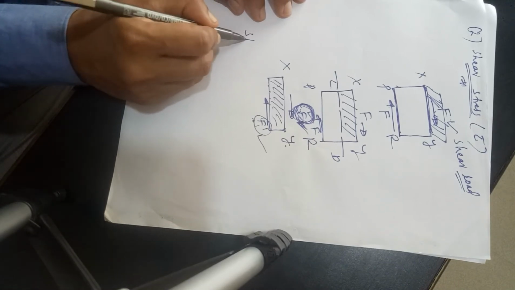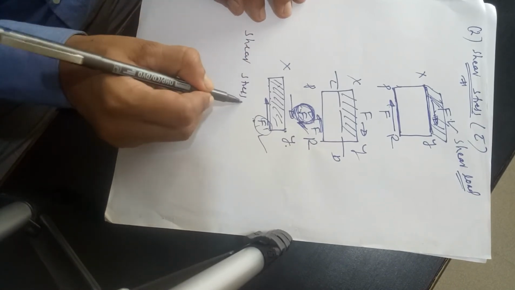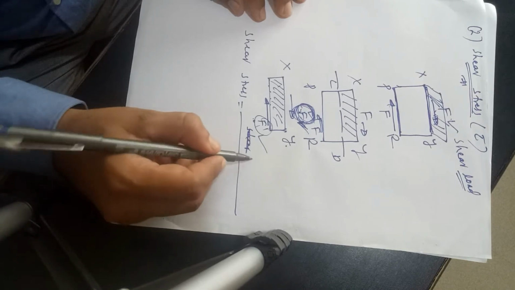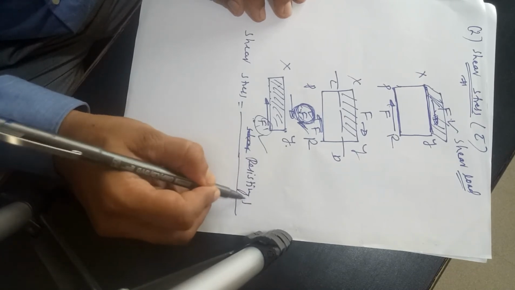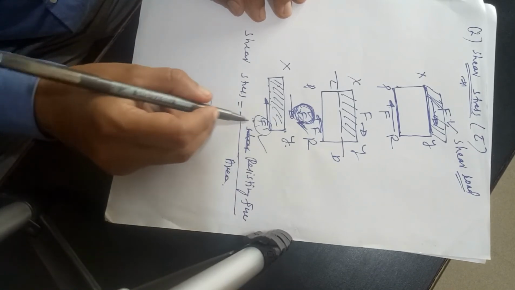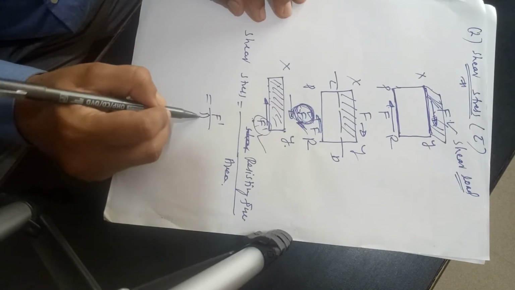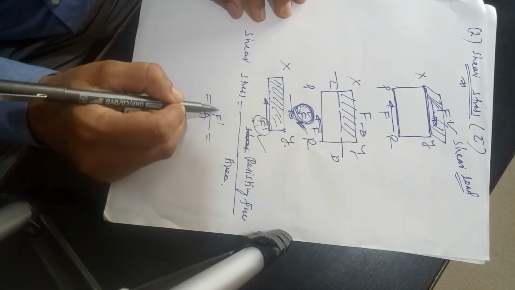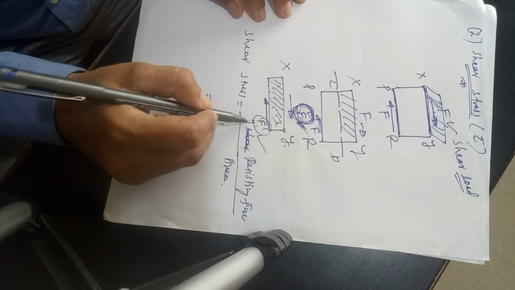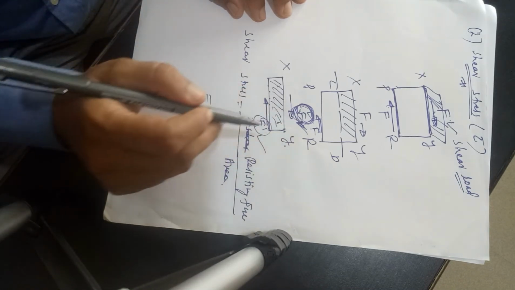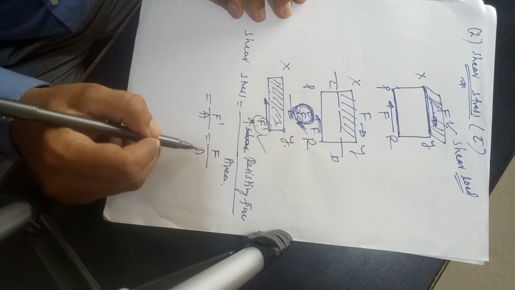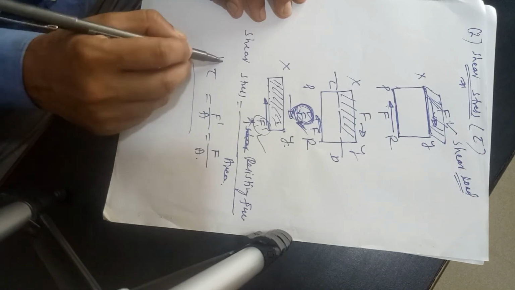So now how to define the shear stress? Shear stress is shear load or resisting force divided by area. So what is the resisting force here? This is F dash, area is A. For the equilibrium of this portion, the internally developed force will be equal to the externally applied force, and the corresponding area gives the value of the shear stress.